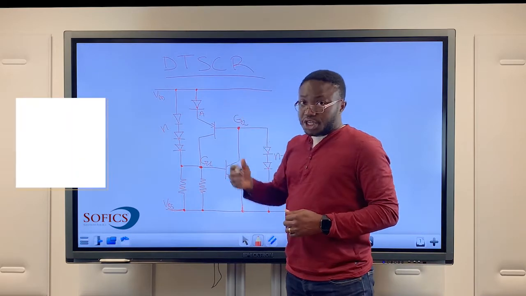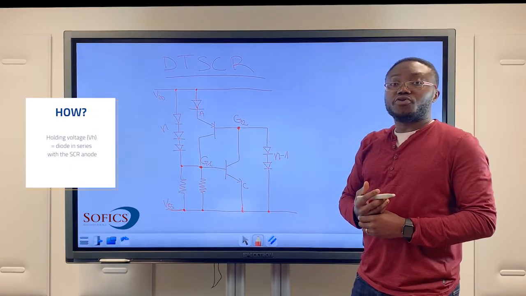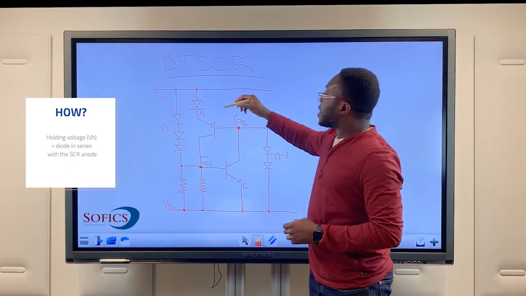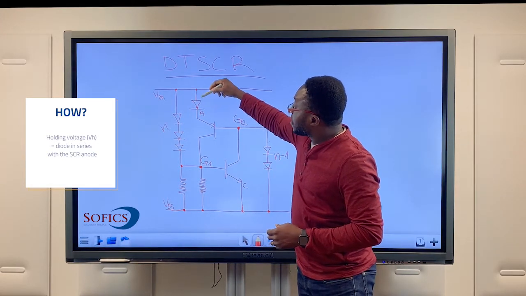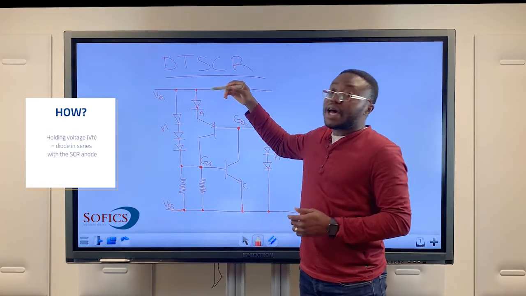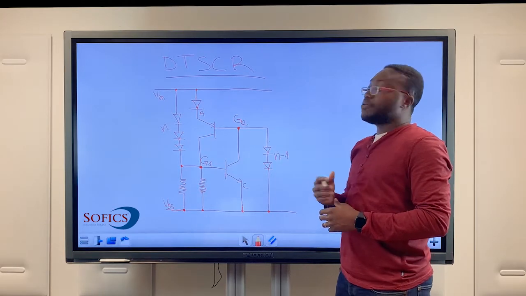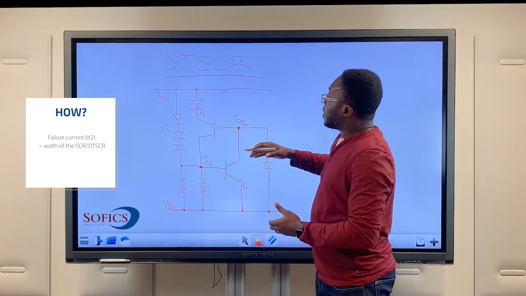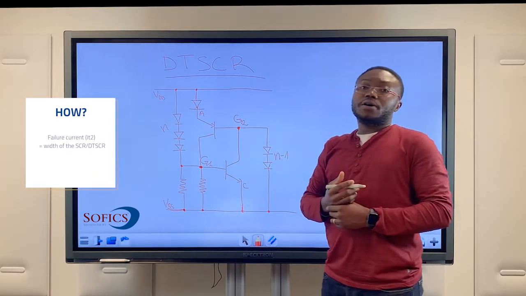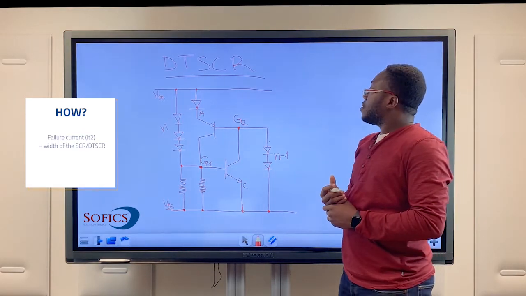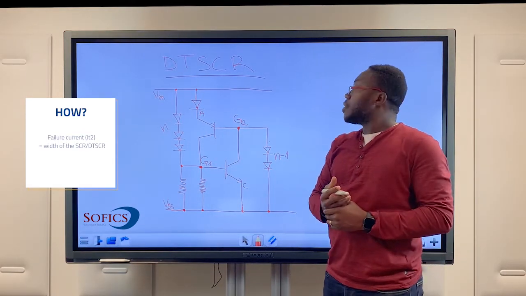The holding voltage can be controlled accurately by including diodes here in series with the anode, and finally the failure current can be controlled accurately by varying the size of the DTSCR.